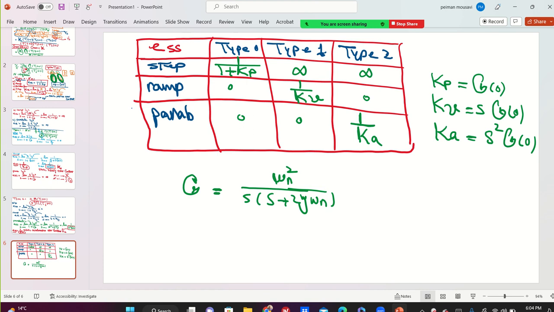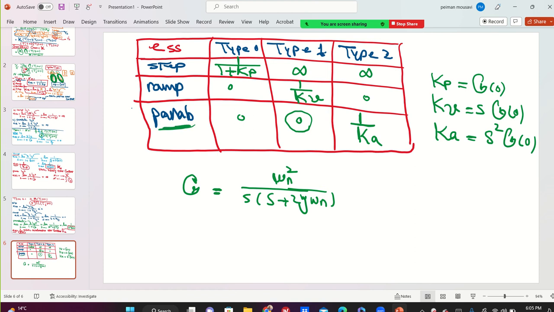So if I apply parabolic input, the steady state error goes to infinity, not 0. Understand? This is type 1.